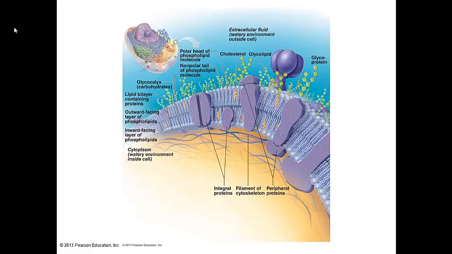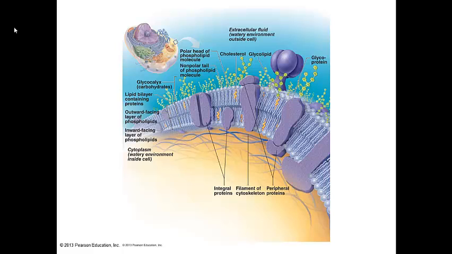We also have proteins with carbohydrate groups attached to them. Guess what we call those guys? Glycoproteins. We have lipid groups attached to proteins. What do you think we call them? Lipoproteins.